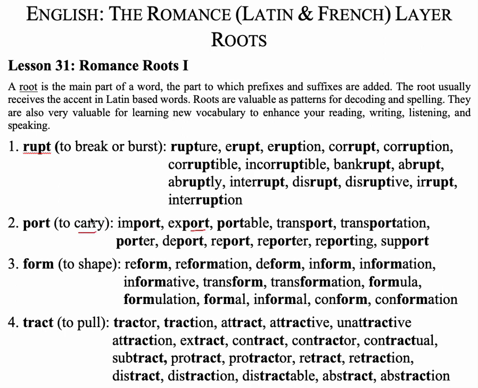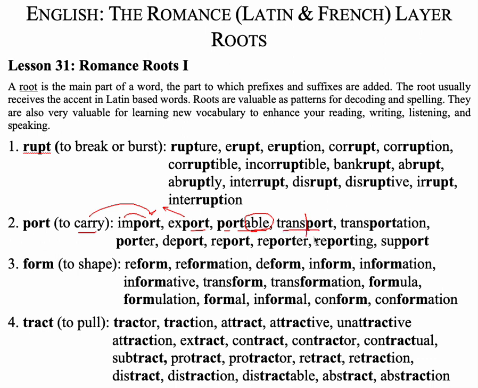Oh, by the way, I didn't bring that out. Import means to carry in, right? So you got in. Port to bring it in, and export is the opposite. That's to carry it out. If you can carry it, you're able to carry it. So we use the suffix able. Portable. It's portable. We can carry it. Transport means to carry. Trans means across.